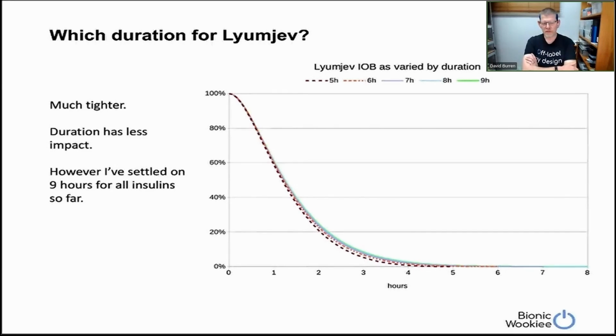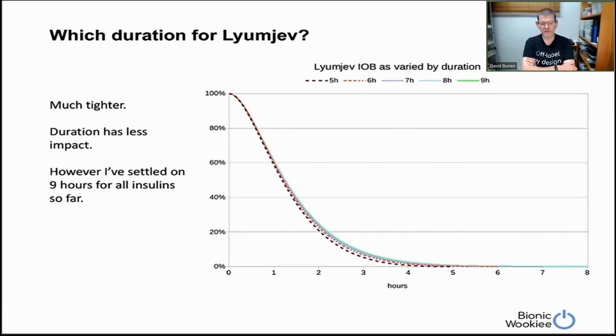What happens if I go to the other extreme, or an extreme of a fast insulin? And in fact, I couldn't get Lyumjev in Australia. We still can't get it. I managed to get some from a friend overseas and thought, right, I'm going to see if I can use this properly. Just looking at the formula and the calculations, all those lines are a lot closer together.